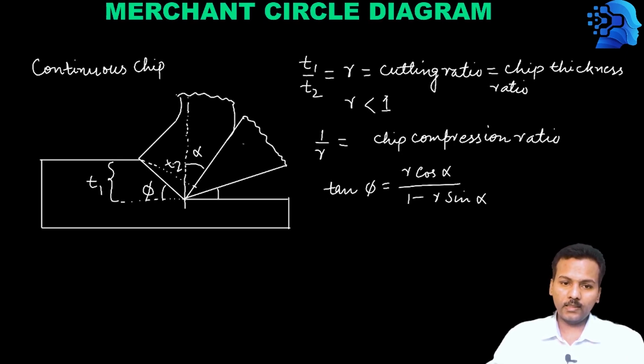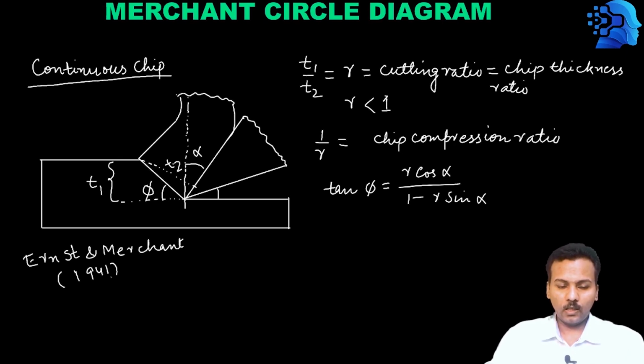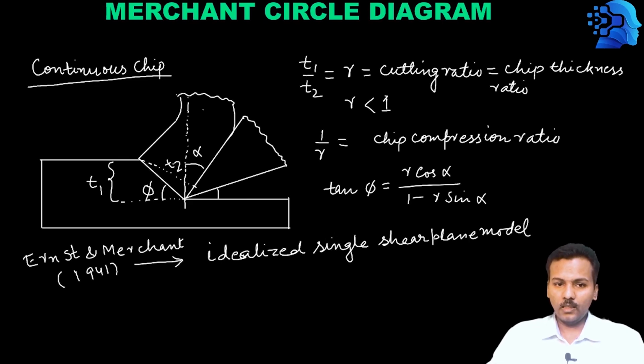In this case there are certain assumptions made by Ernst and Merchant in 1941. They assumed the theory of the idealized single shear plane model. In a continuous chip we assume that the chip is flowing at a constant velocity of Vc.